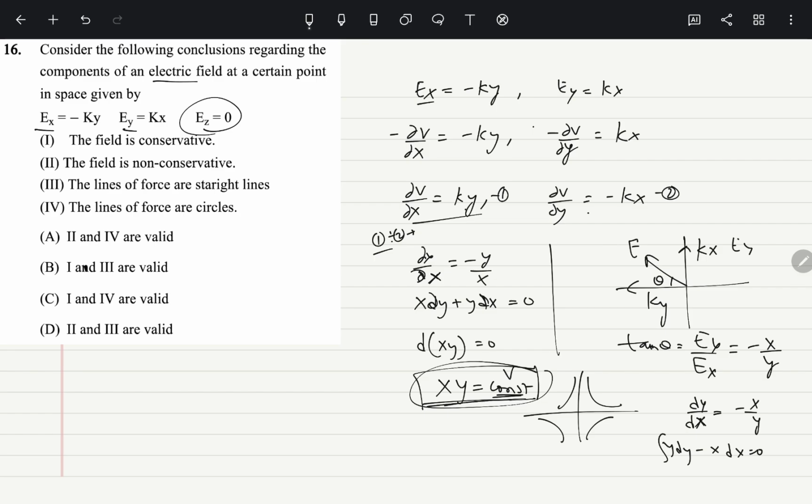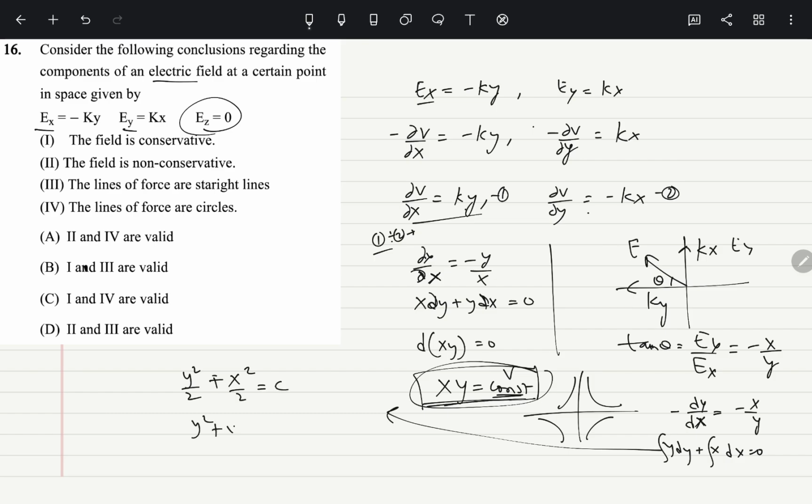Now if we integrate it, just to get a relation between y and x, we get y square by 2 plus x square by 2 equal to c. One more thing, dy by dx will be negative because the slope is negative, so the plus sign will come here. A constant will come when we are integrating.